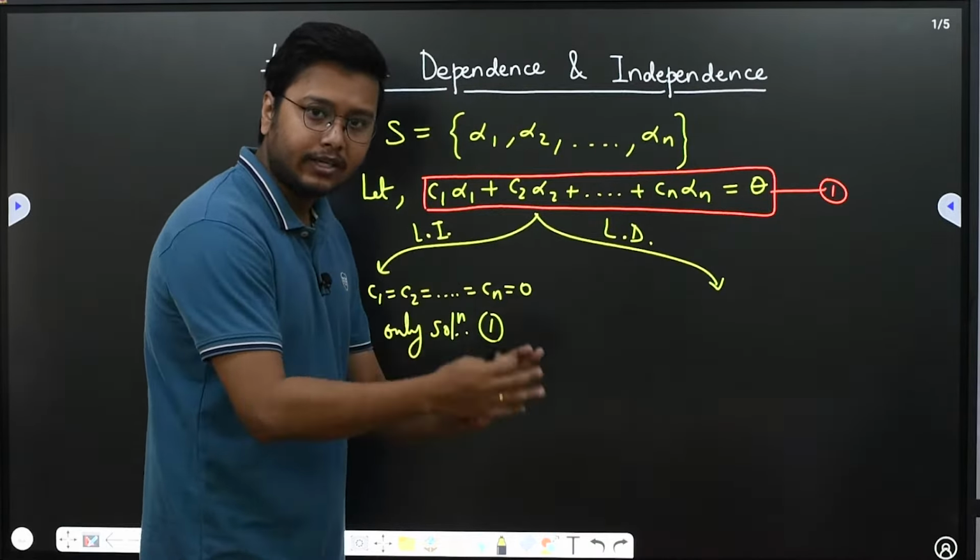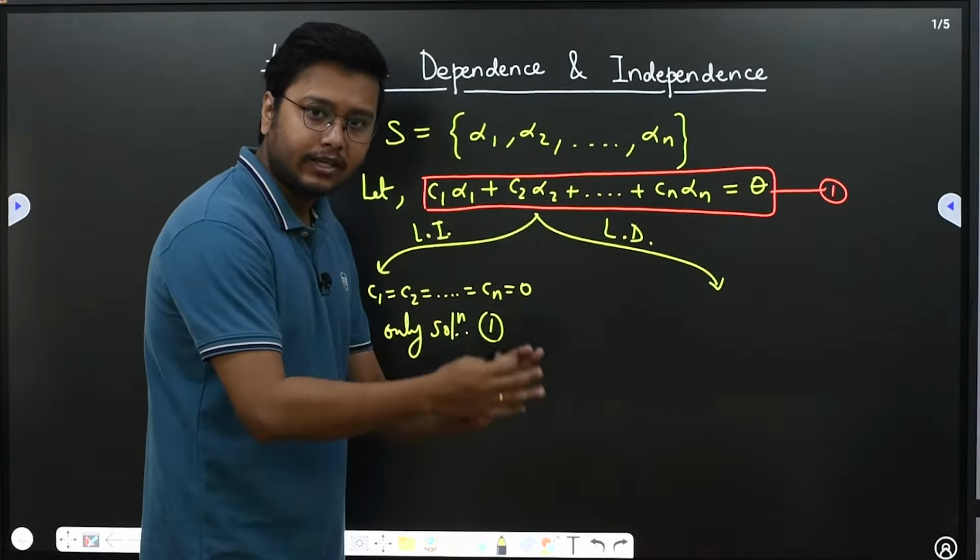So if I multiply Cj inverse on both sides, I have Cj inverse Cj alpha j equals, sorry, minus Cj inverse C1 alpha 1 minus Cj inverse C2 alpha 2 minus dot dot dot Cj inverse Cj minus 1 alpha j minus 1 minus Cj inverse Cj plus 1 alpha j plus 1 minus dot dot dot minus Cj inverse Cn alpha n, right?